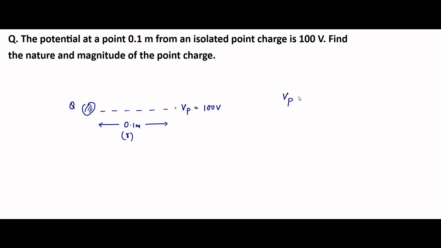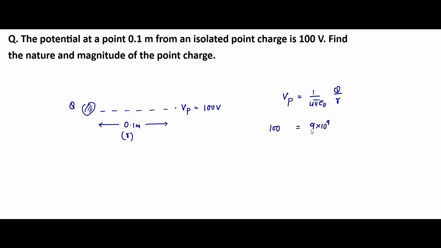Now we know that electric potential at any point is given by 1 by 4 pi epsilon 0, epsilon 0 only because nothing has been mentioned whether the charge is placed in any other medium. So we have to assume it's free space or air, so epsilon r, relative permittivity, is 1. So that is equal to Q by R, the gap. Here it is given the voltage is 100.